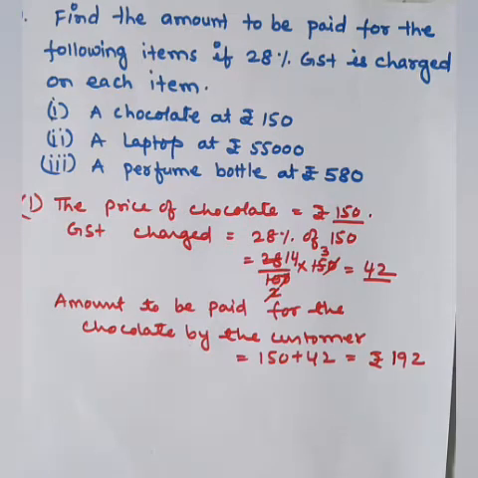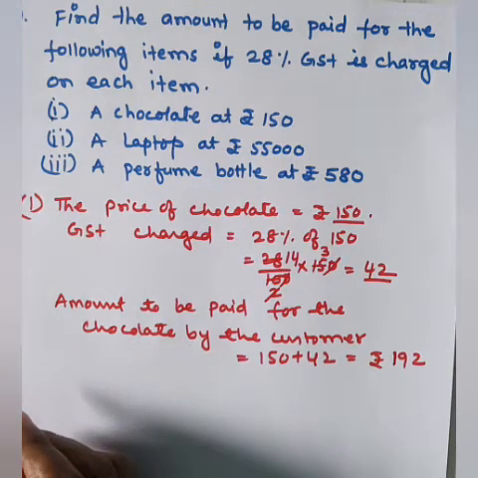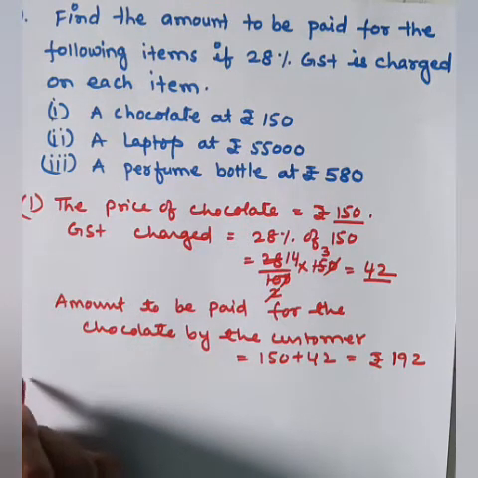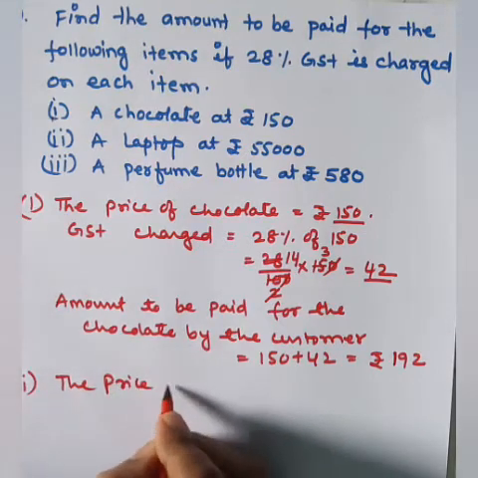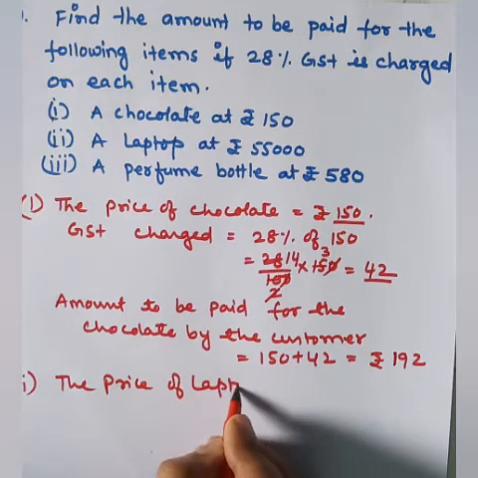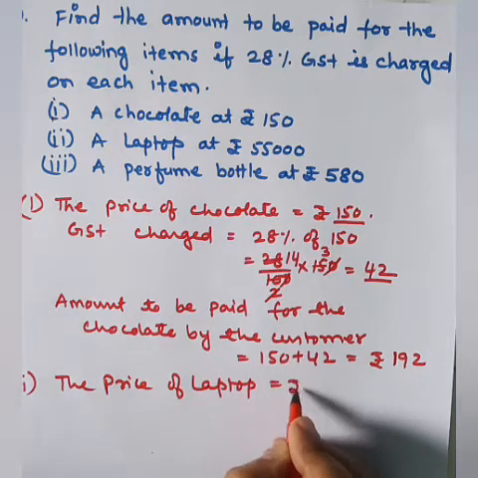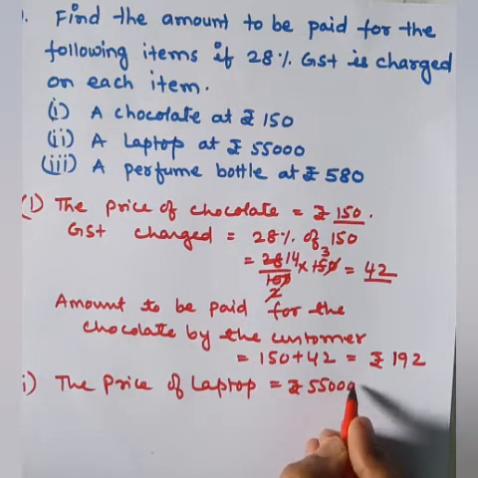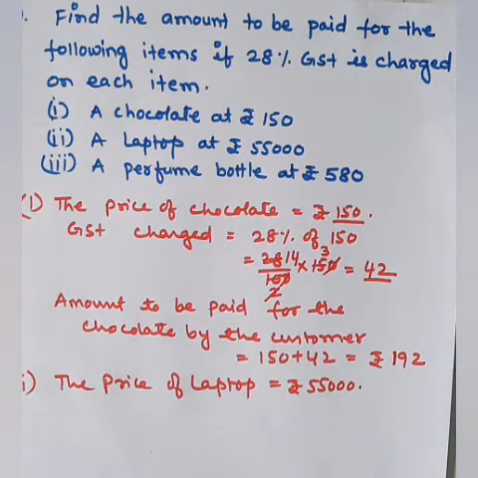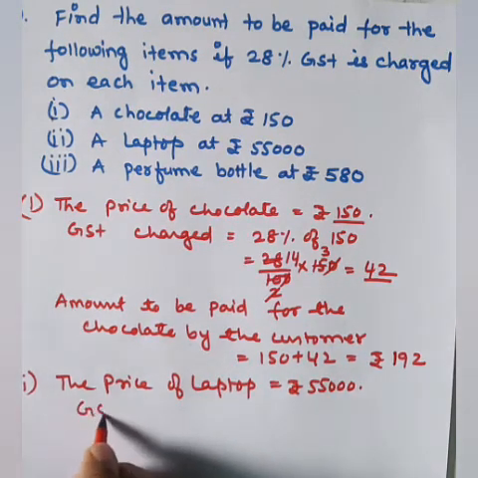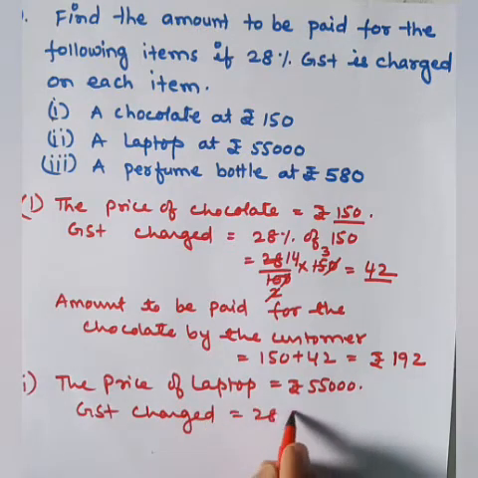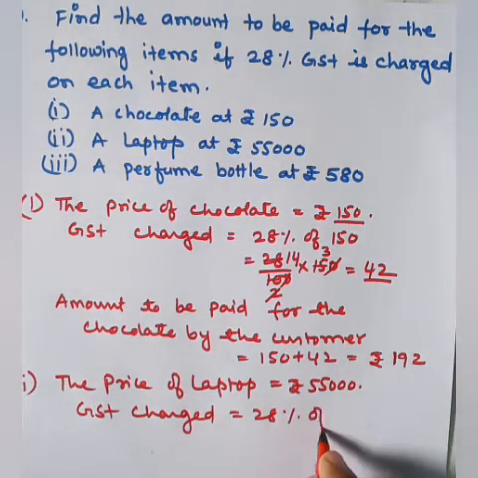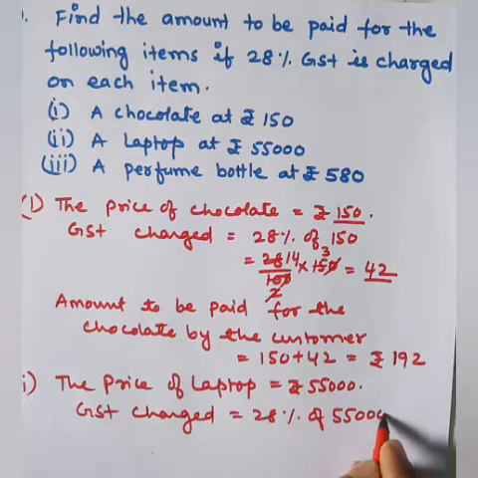Now see the next one. Second one is laptop at rupees 55,000. That means the price of laptop is equal to rupees 55,000. Okay. Now what is the GST? GST charged is equal to 28% of 55,000.